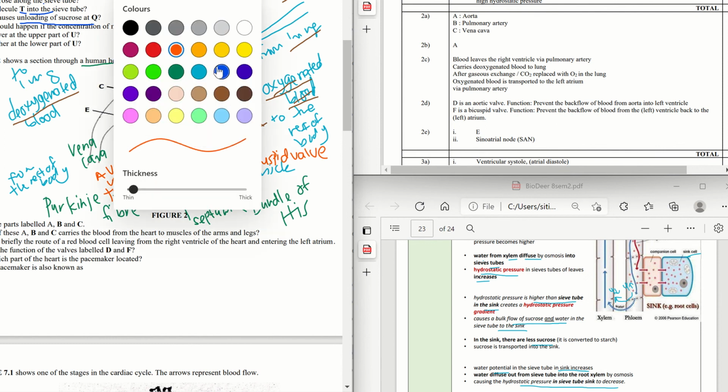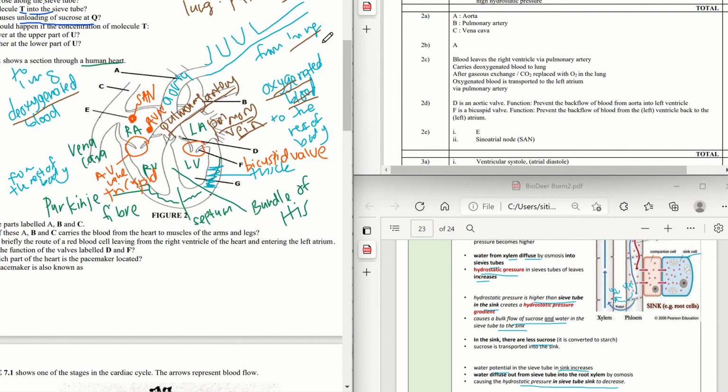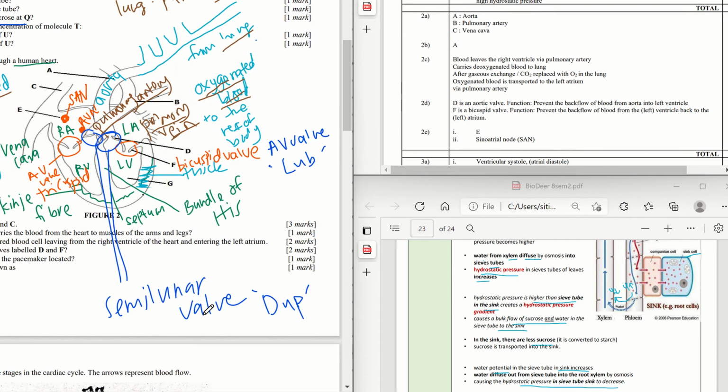Ini namanya semilunar valve. Bila semilunar valve tutup, akan bunyi dup. Kalau AV valve bila dia tutup, akan bunyi lub.